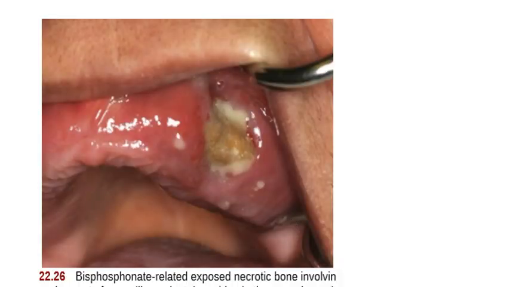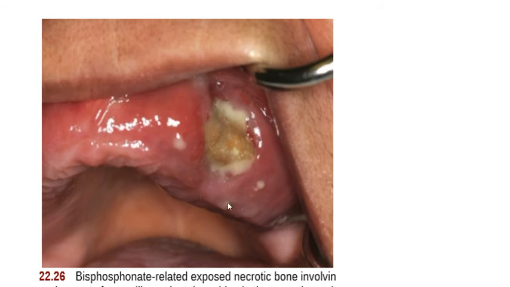This diagram shows bone exposed in the oral cavity due to the bisphosphonate therapy.